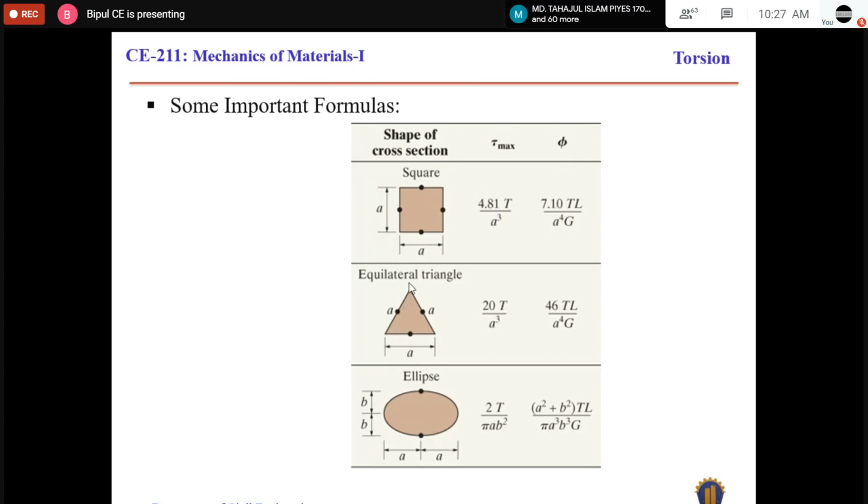That means all sides are equal, and this one is for ellipse. So you can consider this equation also for circular shaft, and if you substitute the value of A and B for circular shaft, then you will see that this equation is similar to the equation for circular shaft. So you can apply these equations for ellipse, also for circular shaft.